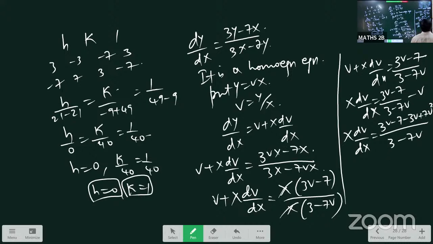This is what you are going to get there. So 3v gets cancelled, and I'm going to take 7 common: 7 times (v square minus 1) by (3 minus 7v).